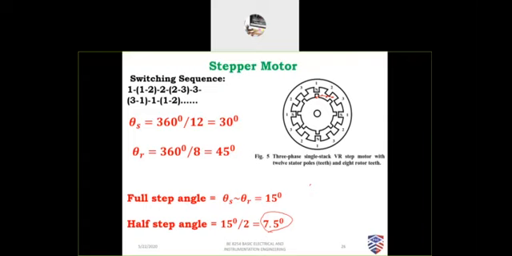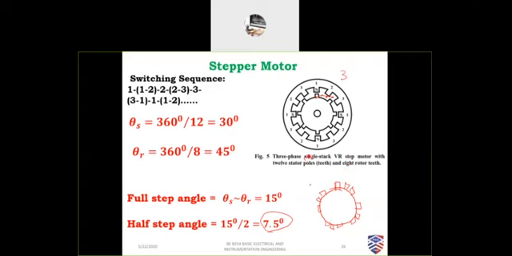If you want to increase the resolution, then we have stacking. Suppose you have a rotor like this, you can stack it like this, one after the other. Likewise, you can put one more on the backside. Suppose you have 3 stacks in the rotor, it becomes 24 teeth. What we said earlier is a single stack.